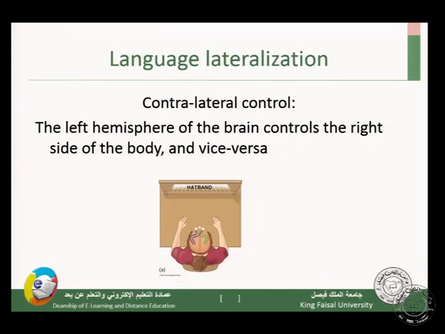Some people who have a problem with moving, for example, their left hand and their left leg, probably have a problem in the right side. And vice versa. So the left hemisphere of the brain controls the right side of the body and vice versa. So how is this related to our language ability?